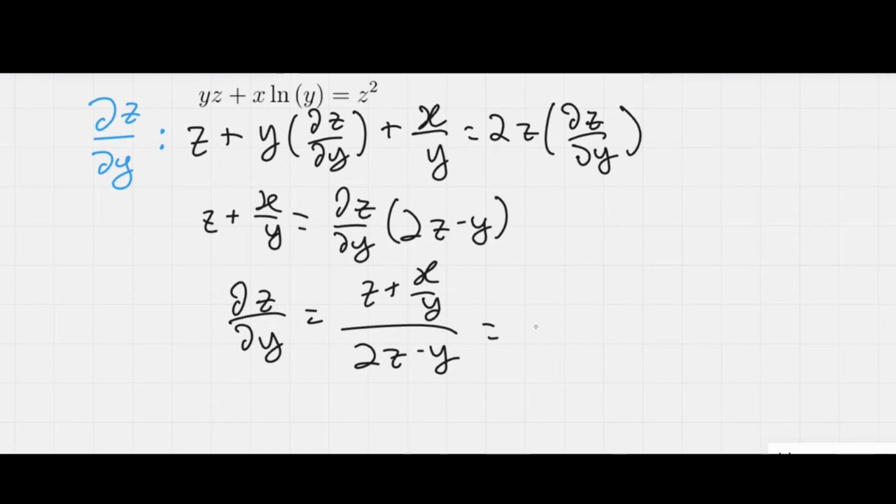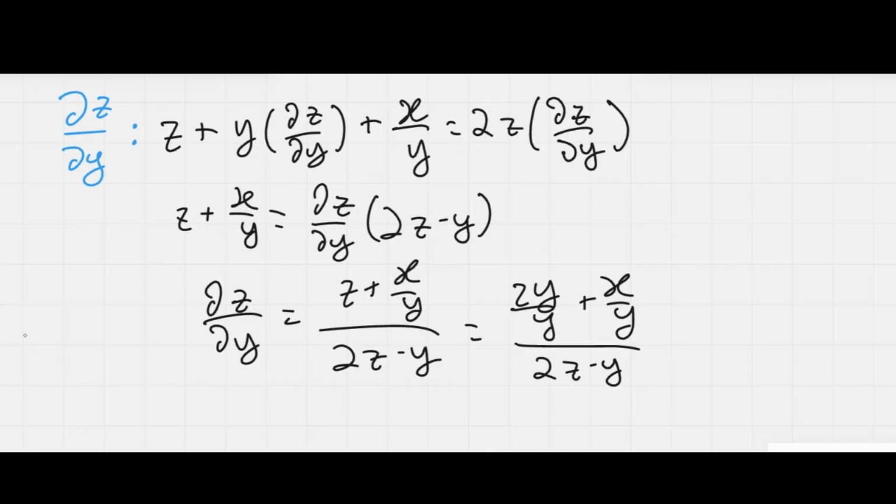So we can simplify this, and this can become zy over y plus x over y, over 2z minus y. And then simplifying this out again, which is not necessarily mandatory, however, you can do it if you so choose, what that leaves us with is x plus yz over y multiplied by 2z minus y.